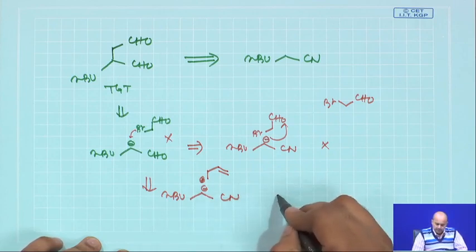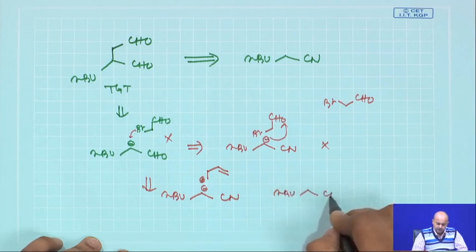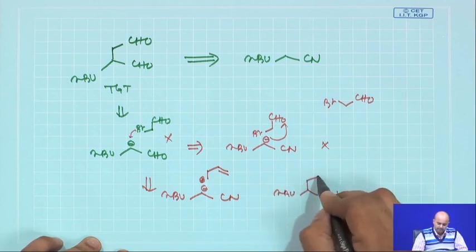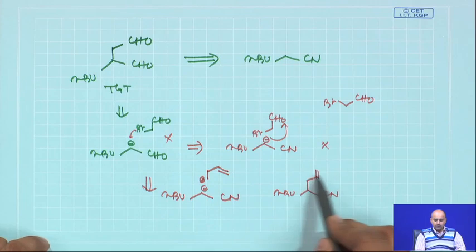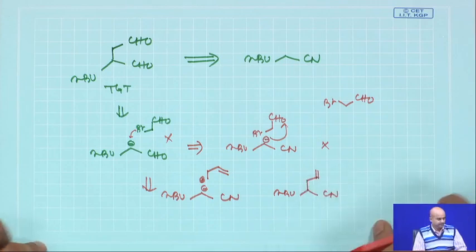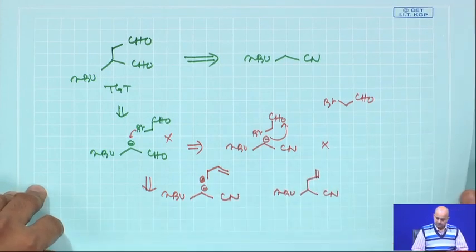So, if the intermediate has this structure, it looks absolutely fine. You just need to do an oxidative cleavage. So, now go to the forward pathway.